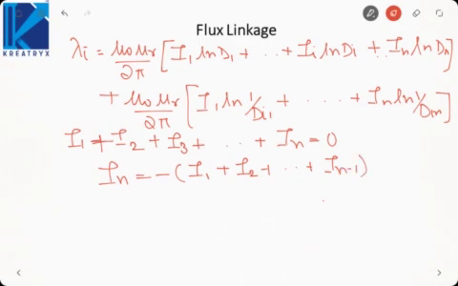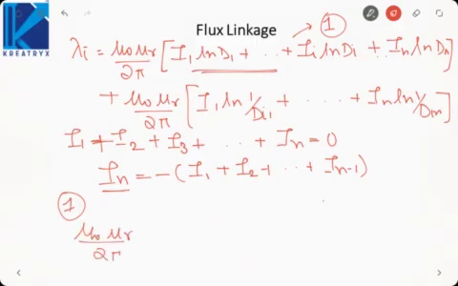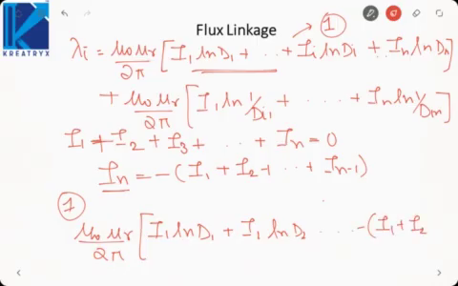Now let us focus on the first term. If we substitute the value of In, it will become mu naught mu r by 2 pi, I1 ln d1 plus I2 ln d2 plus dot dot dot, and In will be I1 up to In minus 1, times ln dn. Now if you see, there are two terms that contain I1.